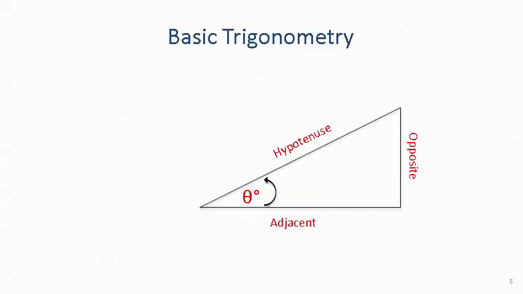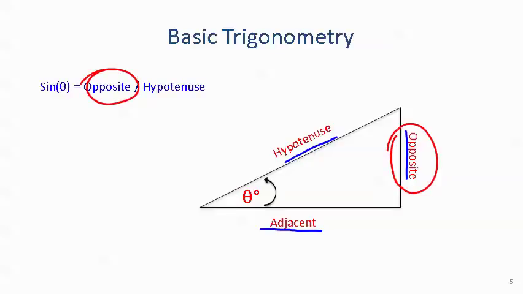But before we do that, let's look at the trigonometry involved and just do a quick review. When we have a triangle, we define that we have three sides with an angle, and with that angle we have the adjacent side, the opposite side, and a hypotenuse. Trigonometry tells us that the sine of this angle is equal to the opposite divided by the hypotenuse.